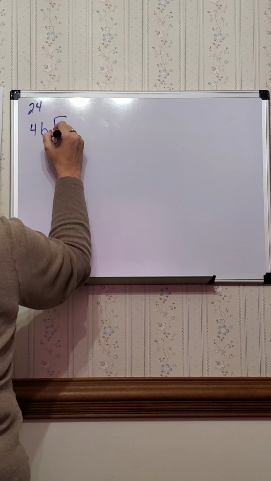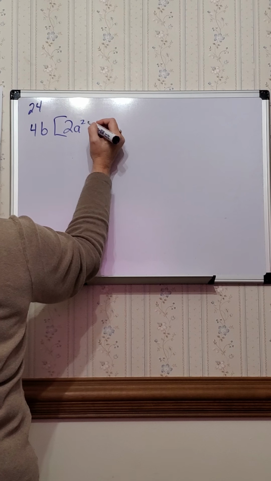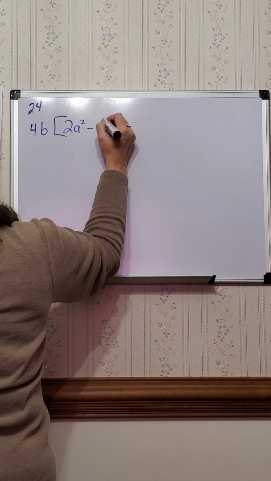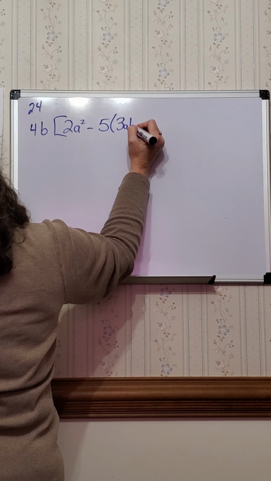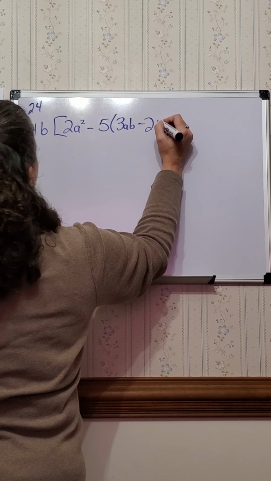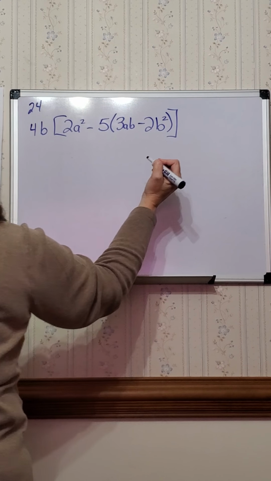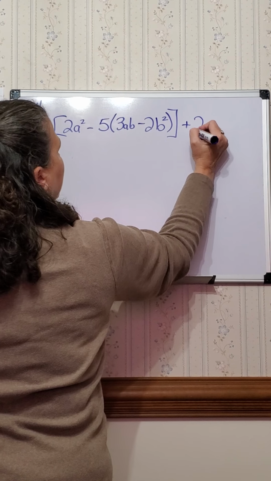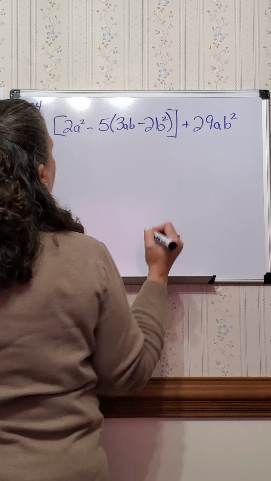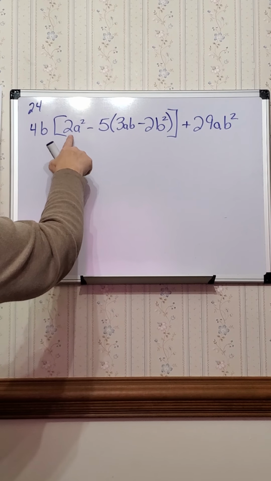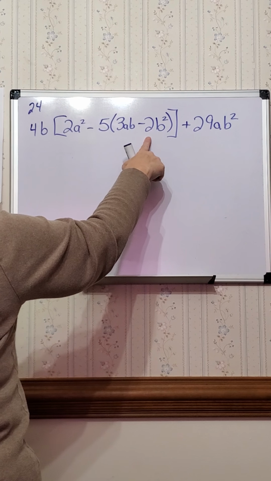All right, let's try this again. 4b times 2a squared minus 5 times 3ab minus 2b squared. Got to end our parenthesis there, end our bracket, plus 29ab squared. All right, give me just a second. I want to make sure I have all this written right.